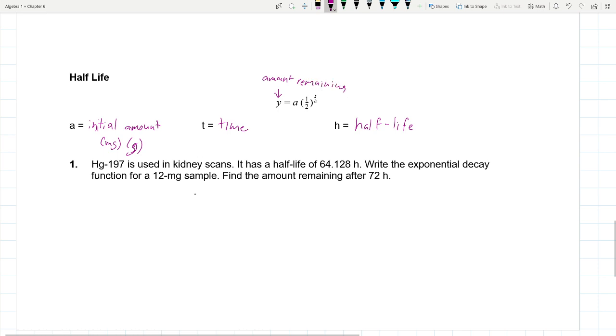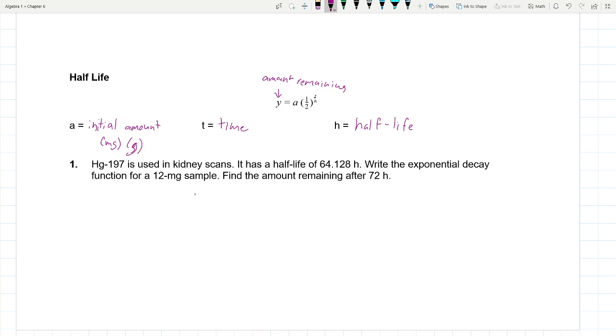All right. So number one: Hg-197 is used in kidney scans. It has a half-life of 64.128 hours. Write the exponential decay function for a 12 milligram sample. Find the amount remaining after 72 hours.